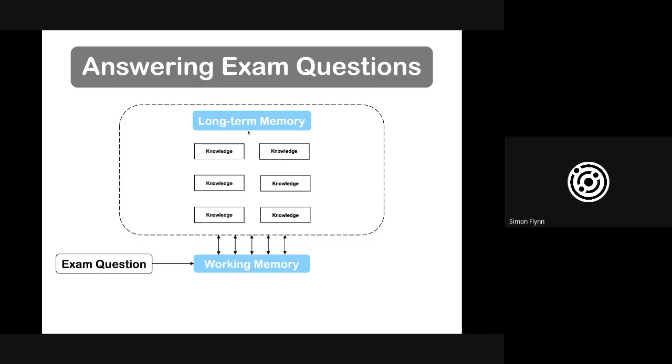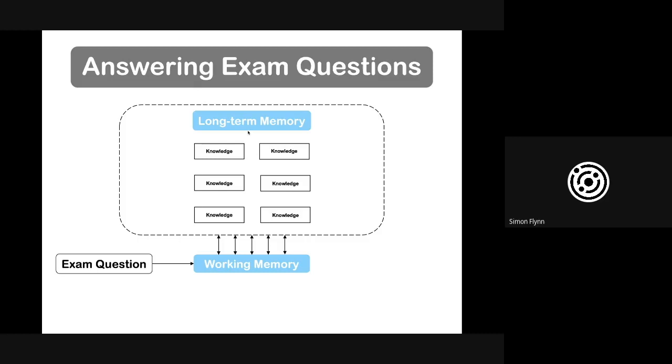The worst thing you can do at A-level chemistry is think that it's just a question of memorizing stuff. Long-term memory is as much about how things are interconnected, how things are joined together. So it's not simply about a particular fact, and it might also be about a skill. I've just put knowledge there, but that could be knowledge of a skill, a connection, or a variety of things.